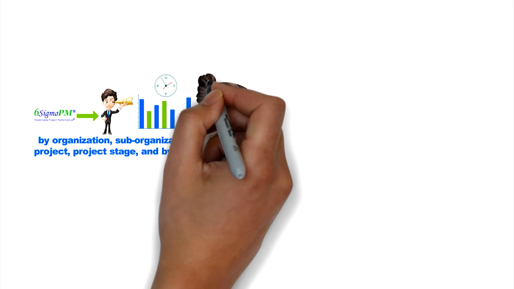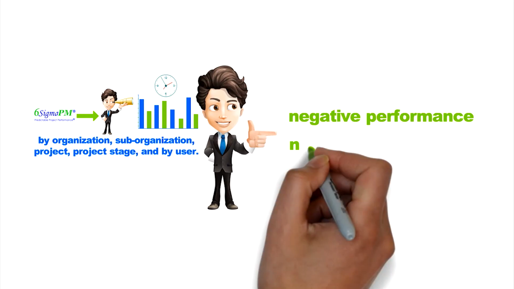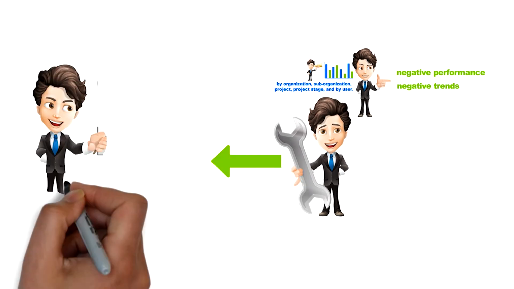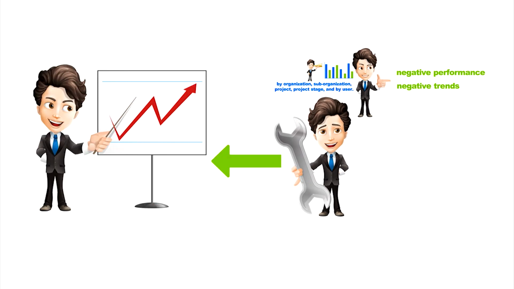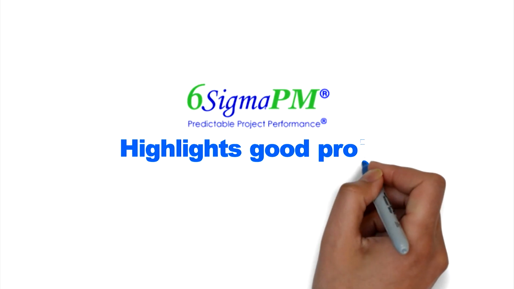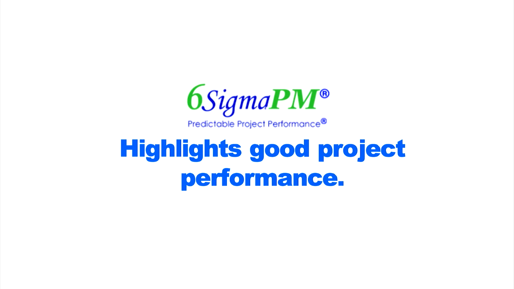These performance scores allow Patrick to identify negative performance and negative trends, then take corrective actions to improve performance before a project fails. However, the news isn't all bad. 6 Sigma PM also highlights good project performance that Patrick can leverage across his projects.